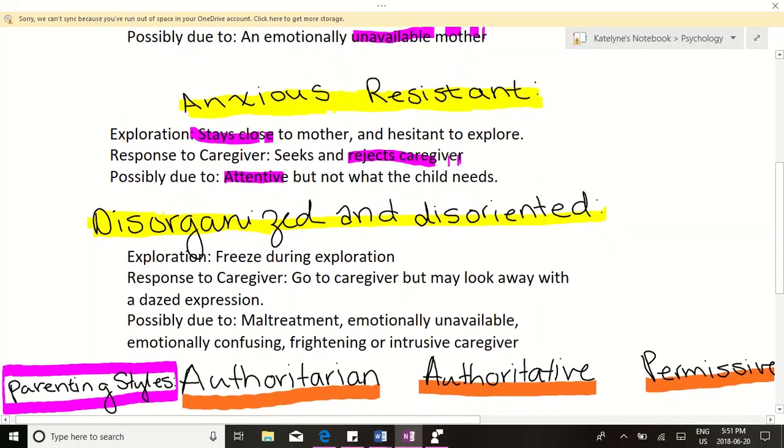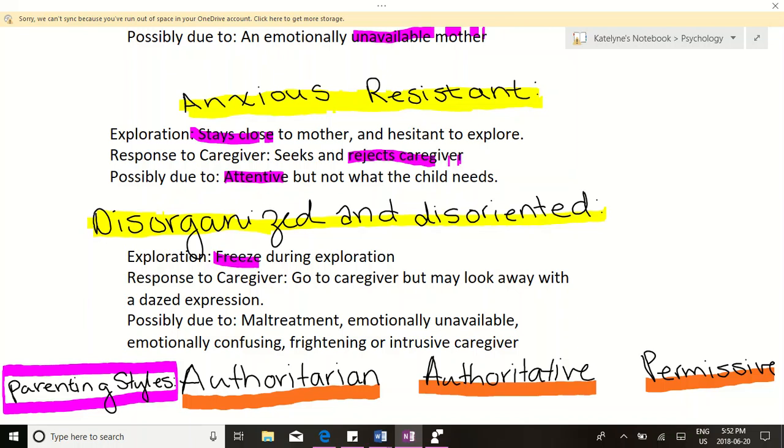And the last type of attachment style is disorganized and disoriented attachment style. When the child is in the care of the primary caregiver in a certain environment, the child will freeze during exploration, so they do not easily explore and they are not hesitant, but they rather freeze.